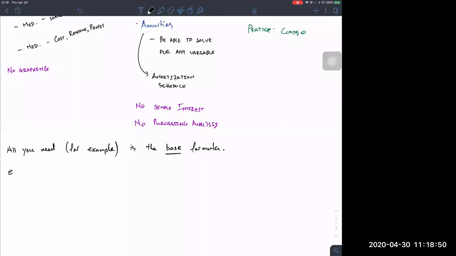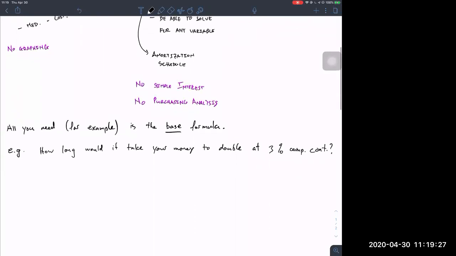So if you have, for example, a question like this: how long would it take your money to double at 3% compounded continuously? If you go the strategy way of how I've been normally teaching it, that's great.